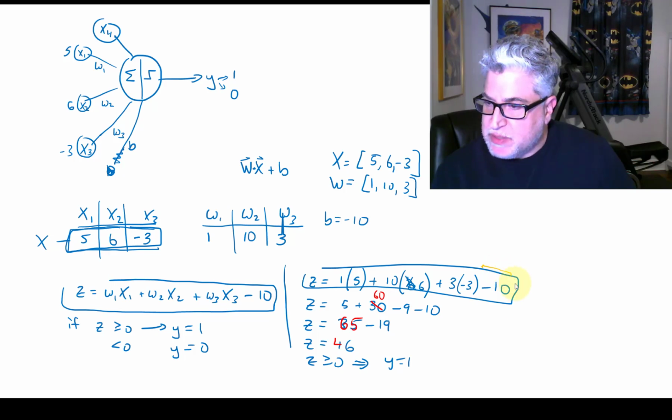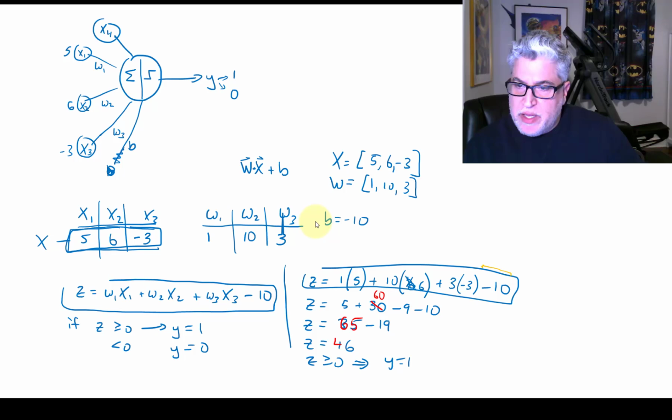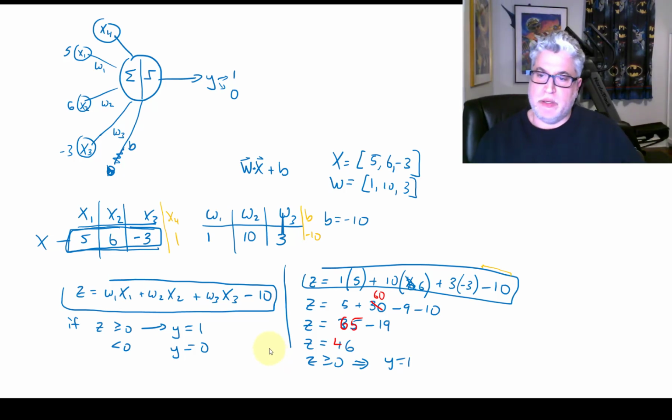This part was plus B. Well, what we could have done is just included B in our list and then tacked on an artificial X that's always equal to 1.